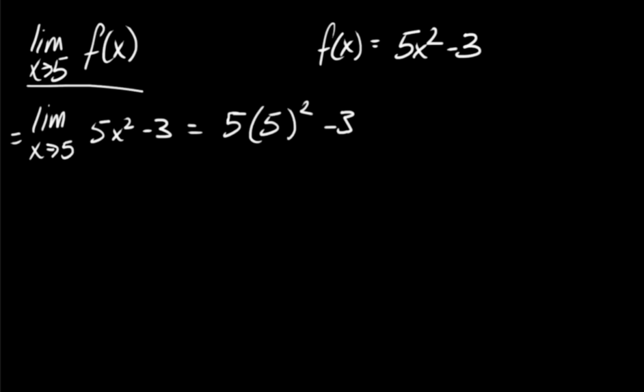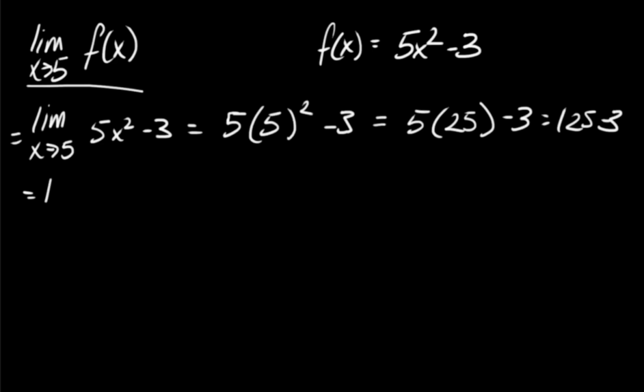Now, if you use your calculators, we would all know that that would be 5 times 25 minus 3, which is equal to 125 minus 3, and that's going to equal 122. That is our answer.